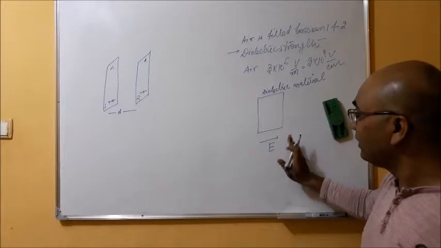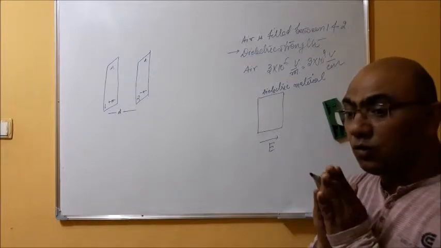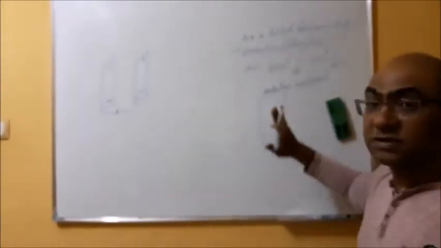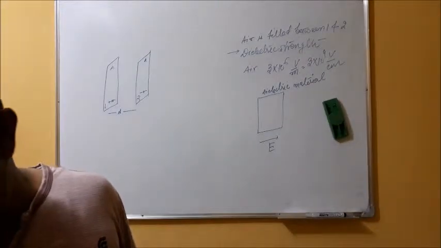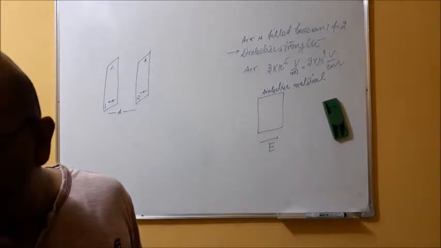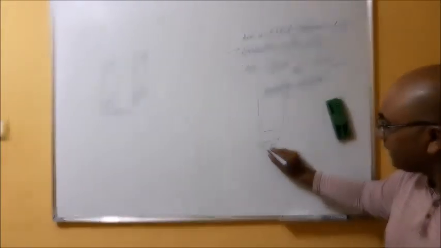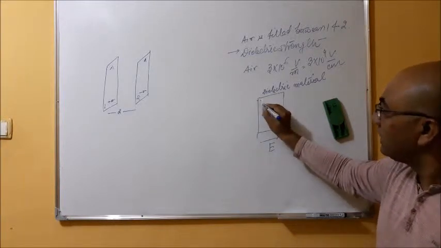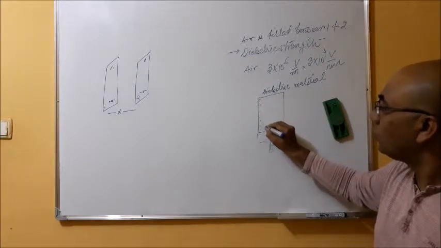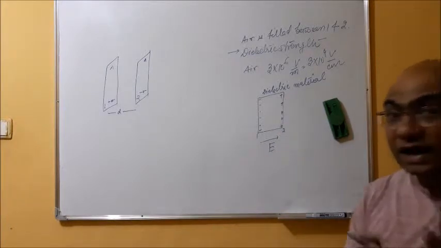Due to this electric field, all the positive and negative charge particles will be at these surfaces, and they will be in opposite directions. How will they be in opposite directions? If the electric field lines are from surface 1 to surface 2, the negative charge will come across this surface and the positive charge will come across this surface in the dielectric material.